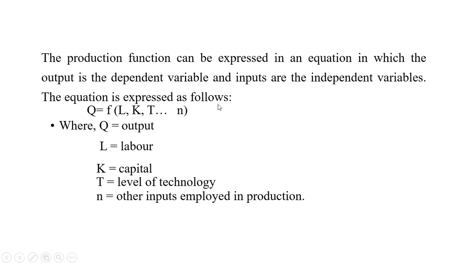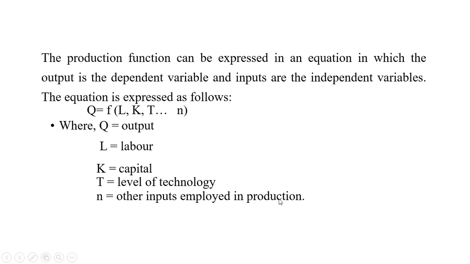Now the equation is expressed as follows: Q equals F of L, K, T, N and so on. What does this stand for? Q stands for output, L stands for labor, K stands for capital, T stands for level of technology, and N stands for other inputs employed in the production.